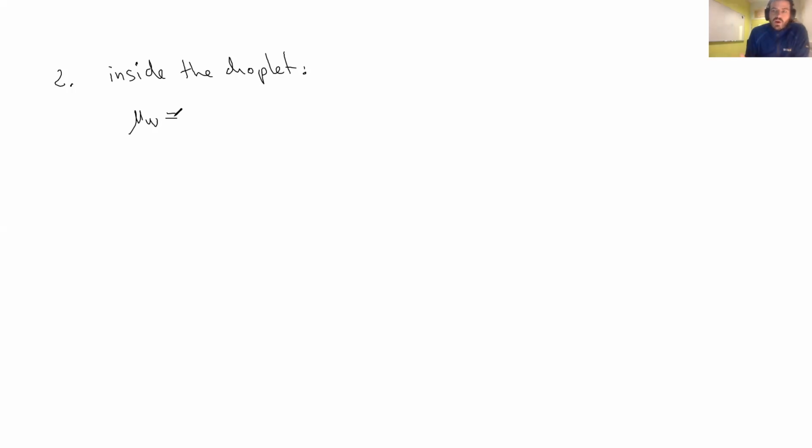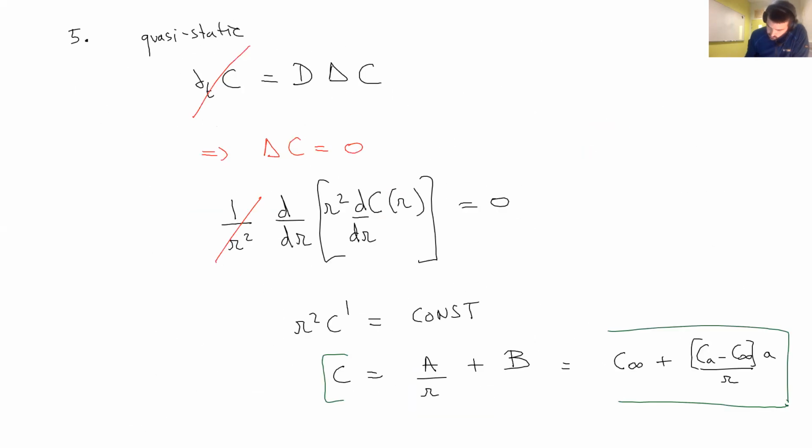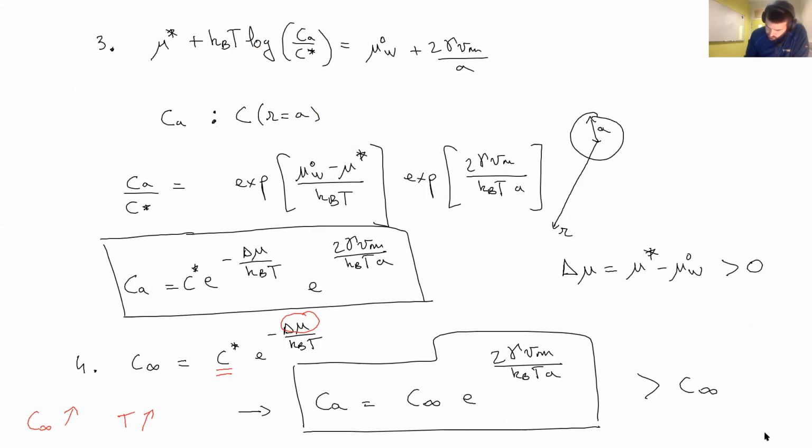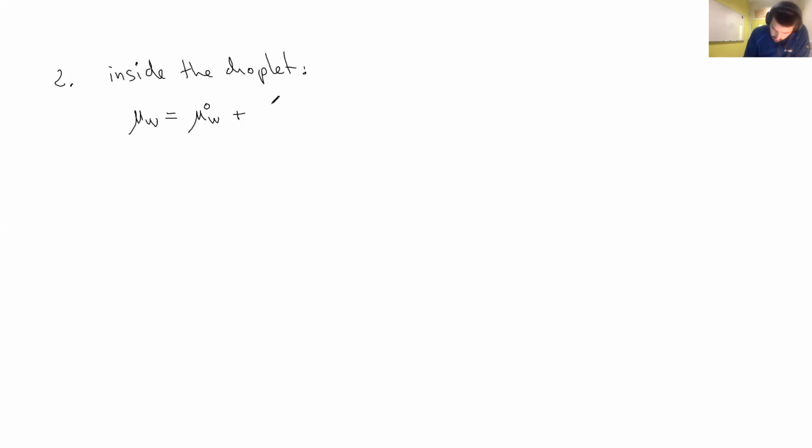Well, before the addition of the salt, I already knew that it was something like pure water, and then there was a contribution due to surface tension, which was what? Don't remember it in detail. It was something like 2 gamma Vm over a, without the kBT of Boltzmann. 2 gamma Vm over a, right?